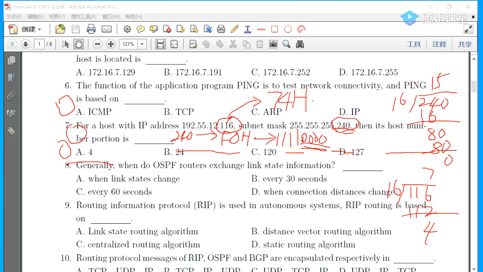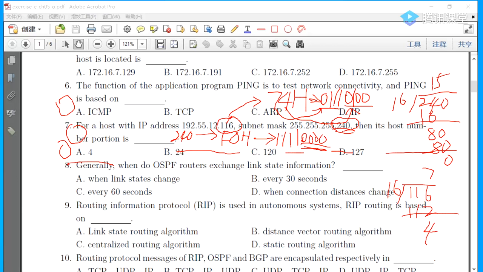Hexadecimal notation. That is 7, 0 1 1 1. This is 7, right? 4 is 0 1 0 0. This is 4, right? This is 7.